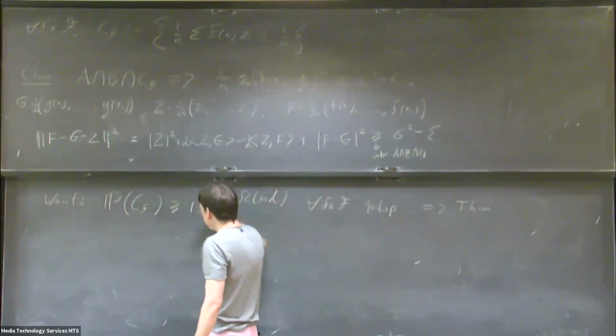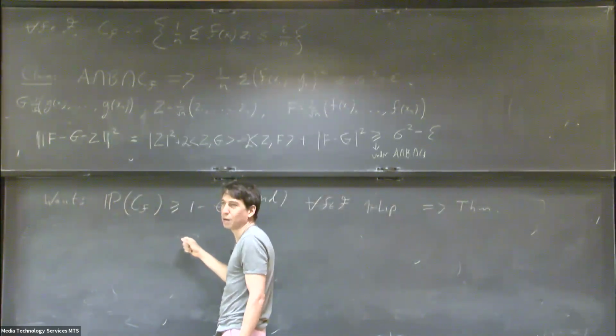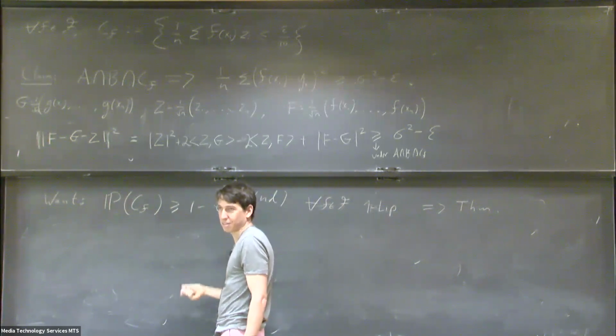So how do you get the omega of n times d for all F?